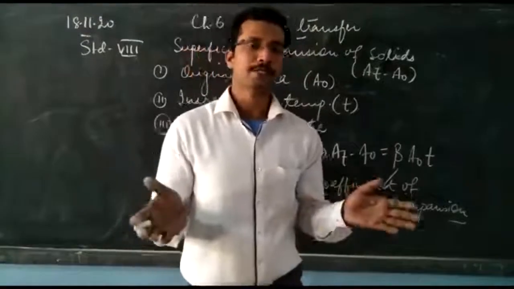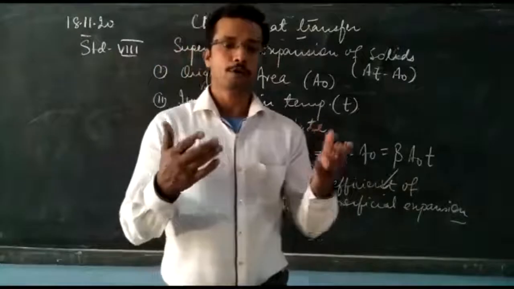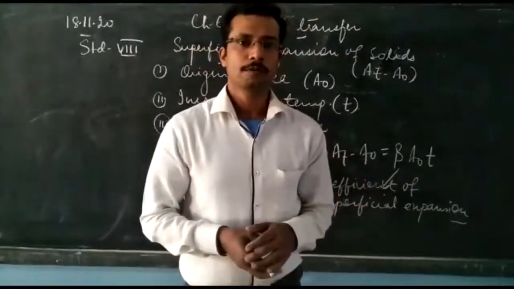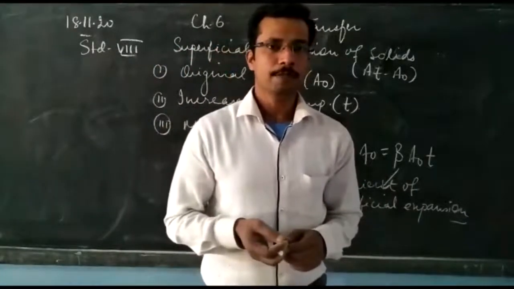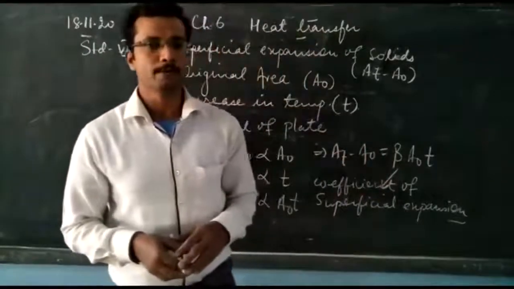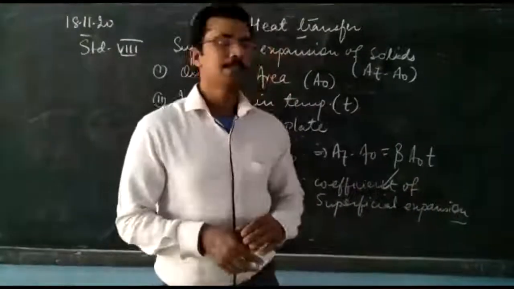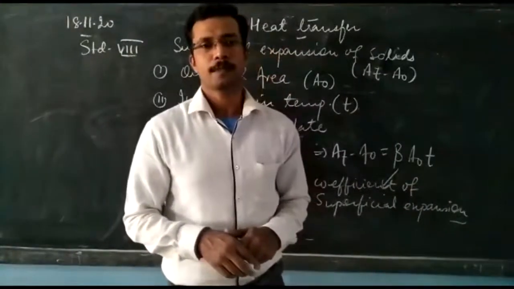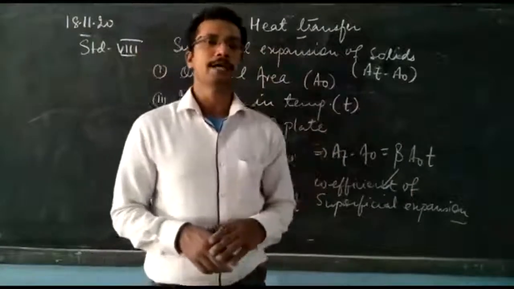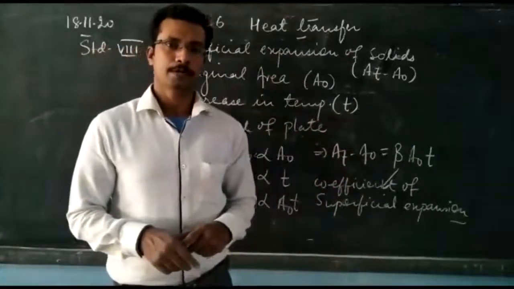Of course, this expansion will be very small, and we may not notice it because of the little expansion, but there will be a very little expansion in terms of area, which is called the coefficient of superficial expansion. And next class we will see about the cubical expansion of solid. Thank you.